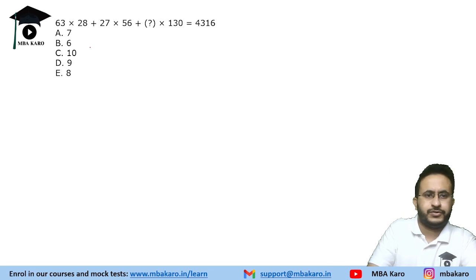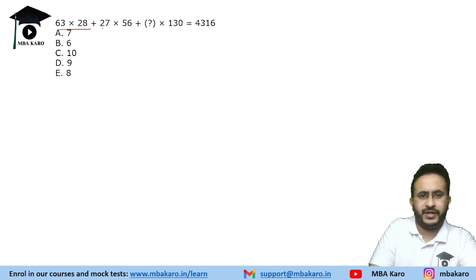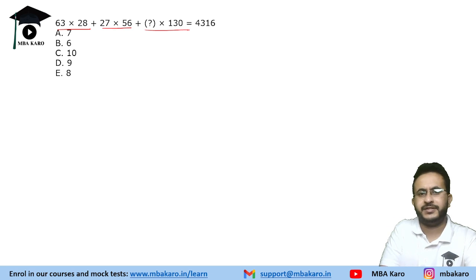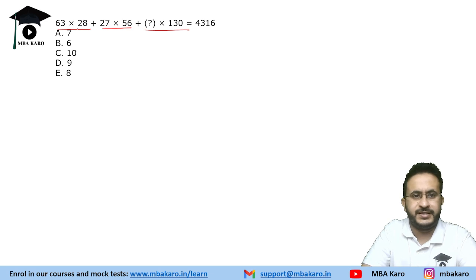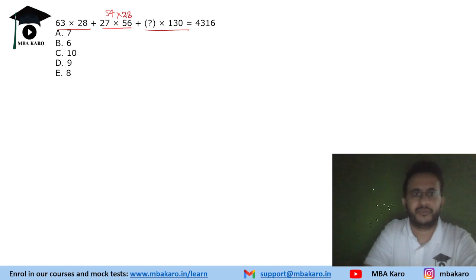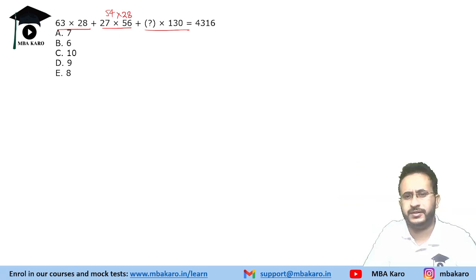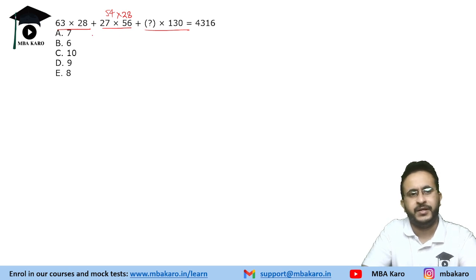So we have 63 into 28, 27 into 56, plus 130 into some number, that is giving us 4316. Now if you take 63 into 28, 27 into 56 can be done as 54 into 28, right?